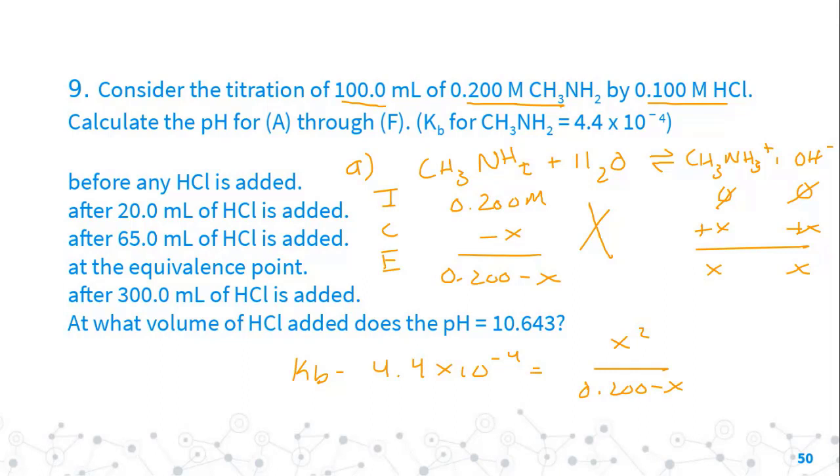Okay. And looking at this value and this value, they're different enough by a factor of about 1,000, so we can do a small x approximation. So let's go ahead and ignore that x, and then we can get our x value.